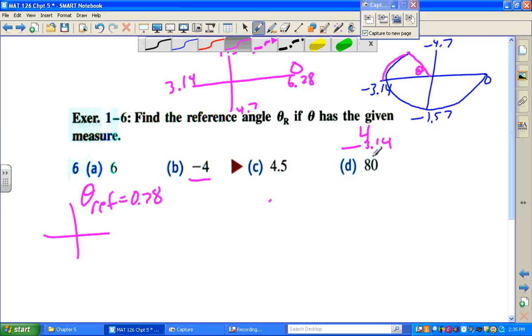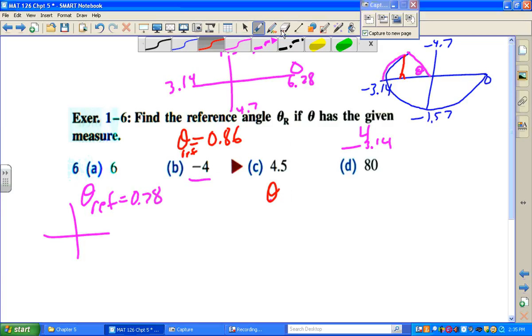Isn't it closer to 4.7? It is, but you always go to the x-axis because you always draw your right triangle to the x-axis. So the reference angle for negative 4 should be 0.86, right? That's the reference angle.